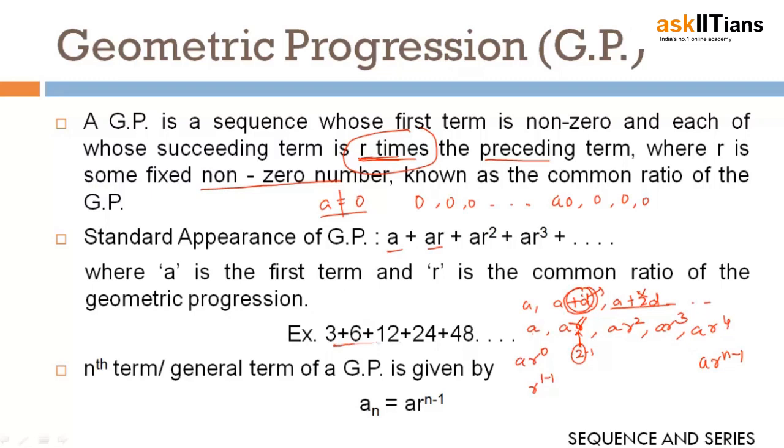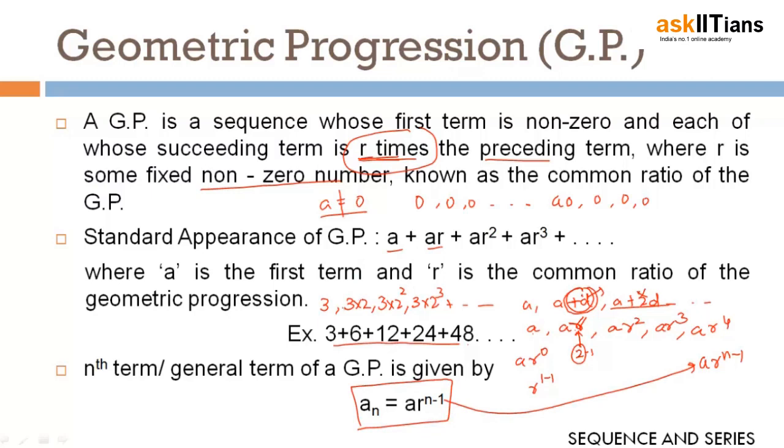This is the perfect example: the first term is 3, the second term is 3 into 2, the third term is 3 into 2 square, the fourth term is 3 into 2 cube, and so on. So this is the general term which I have just given here.